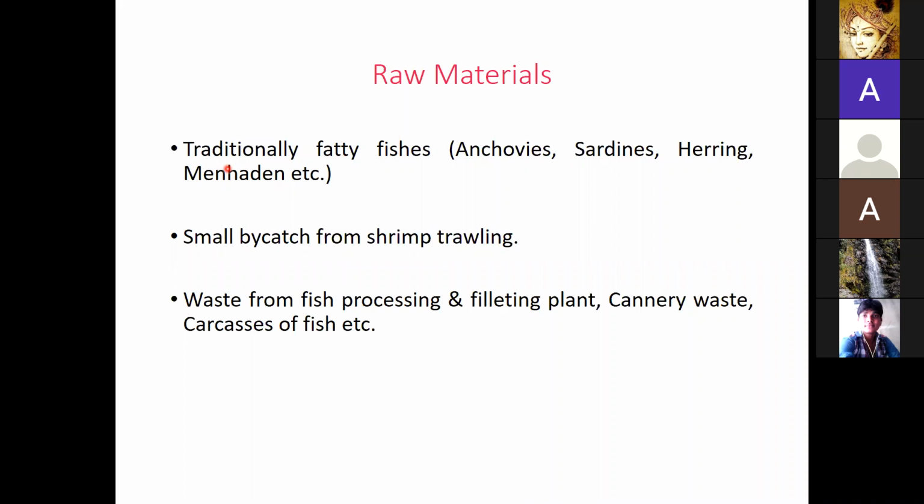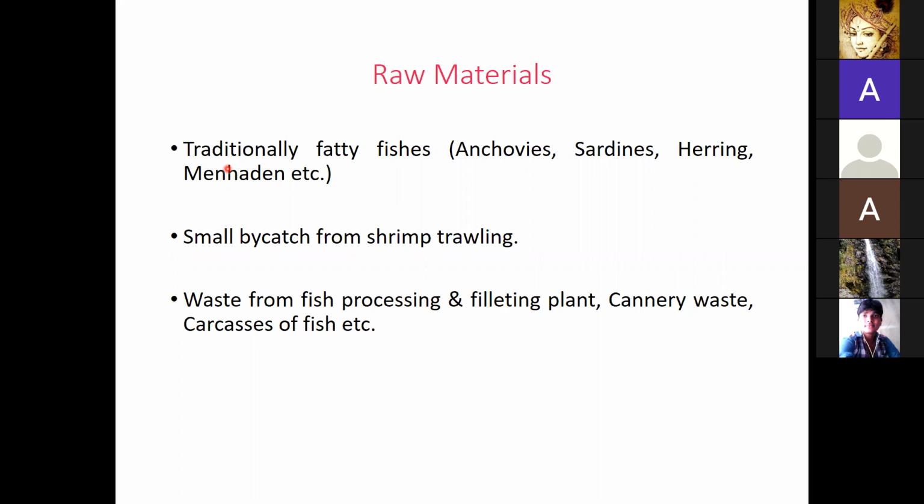Then small bycatch from shrimp trawling. What happens is, when we go to catch fish in the sea, sometimes along with the main species we get other species also. To store that catch, we don't have a sufficient amount of storage because the catch is so much. So fishermen simply discard that catch into the sea water.